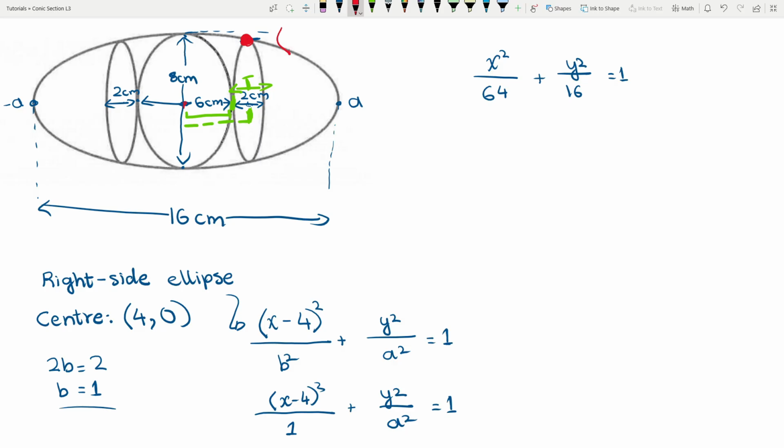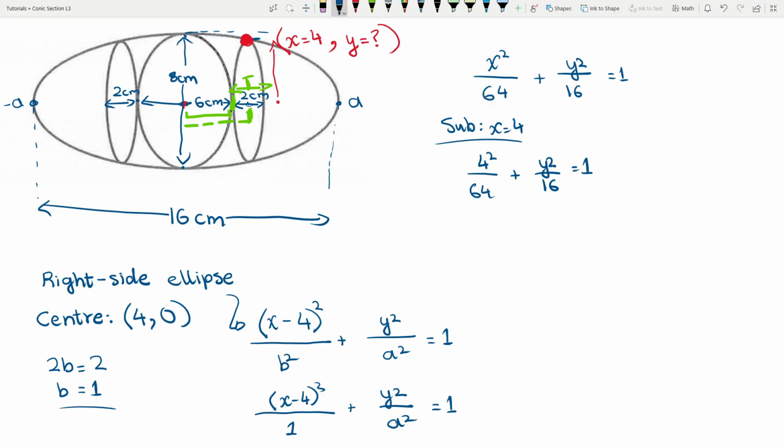So we know this point is x equals 4, but what we do not know is y. We do not know how high from here it is. So x equals 4. So 4 squared over 64 plus y squared over 16 equals 1. Oh, sorry, 64, yeah.